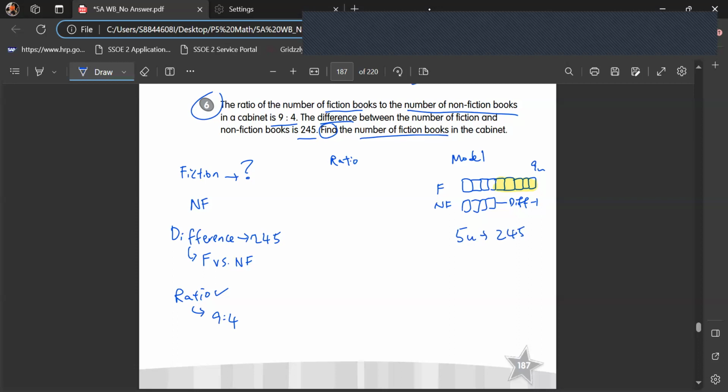If you do it with the ratio method, it works too. Then after that, you need to ultimately find fiction. Fiction is 9 units.